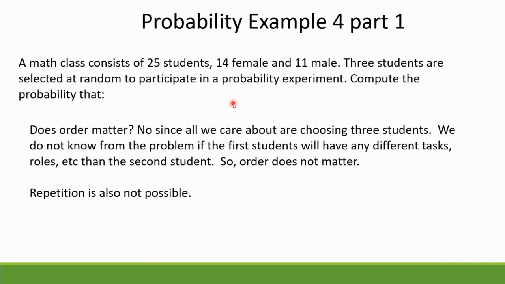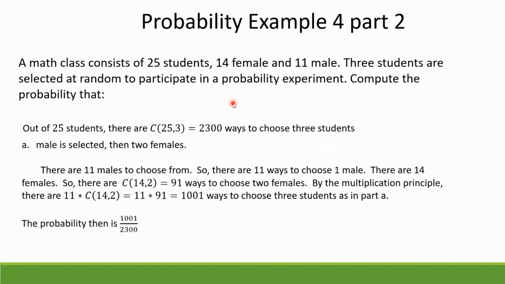So order doesn't matter, and repetition is not possible, which should be implied. So again, we're going to use combinations. If we have 25 students, how many ways can we choose 3 students? Well, that's this. I actually calculated this in Desmos.